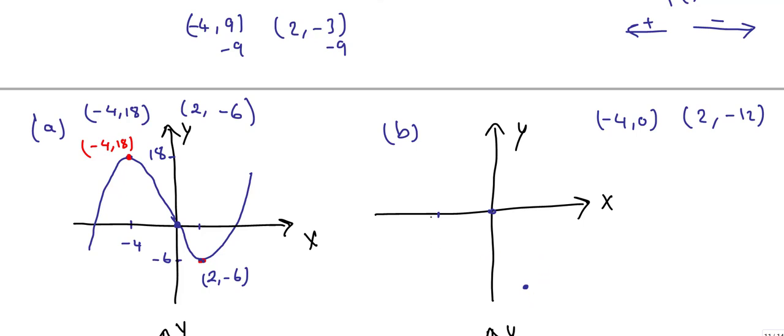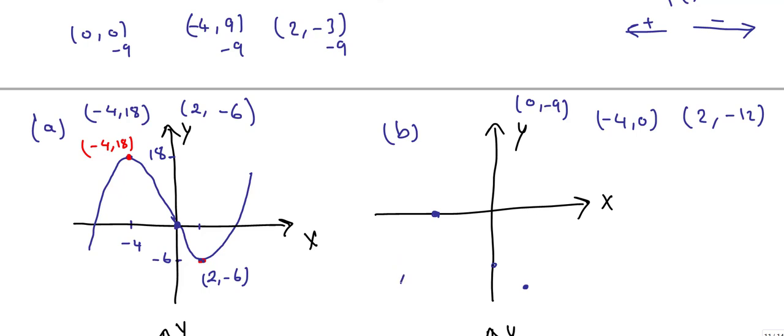So the right graph will be like this: we said -4 and 0, it will be here. So it will look like this. Of course here the 0, 0 will not stay as it is. Remember the point 0, 0: if you subtract 9 from it you will get 0 and -9. So the point that was 0, 0 will be at 0, -9, somewhere here.